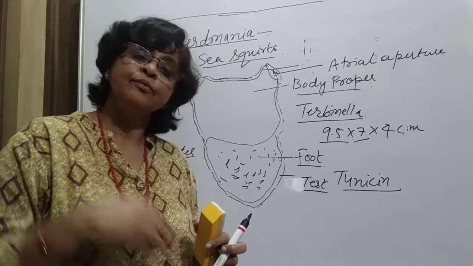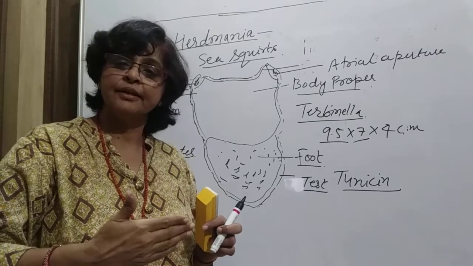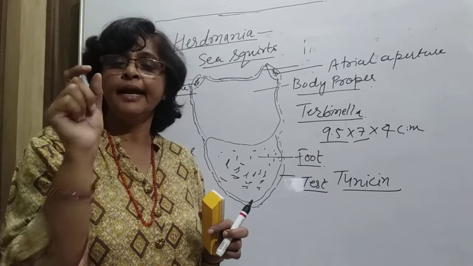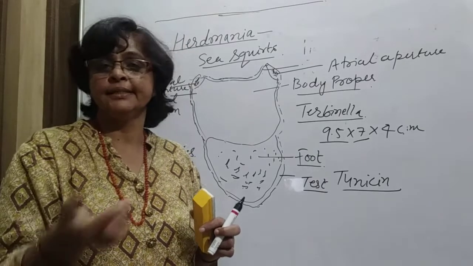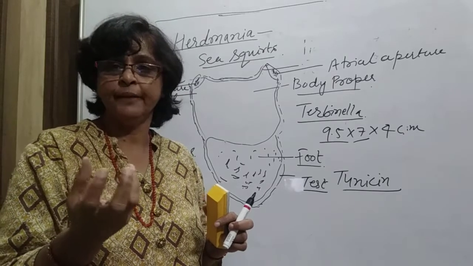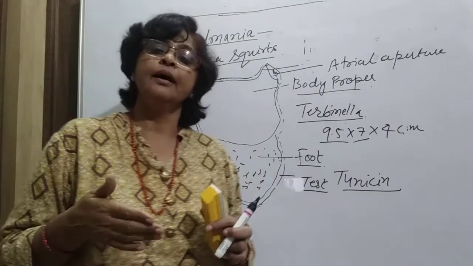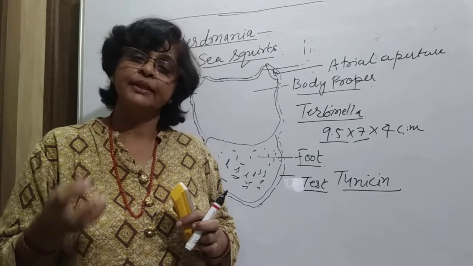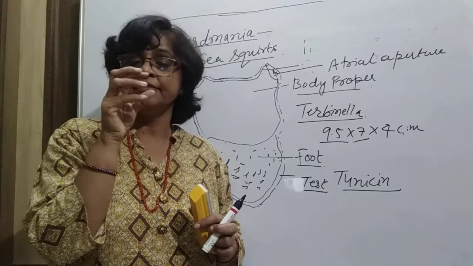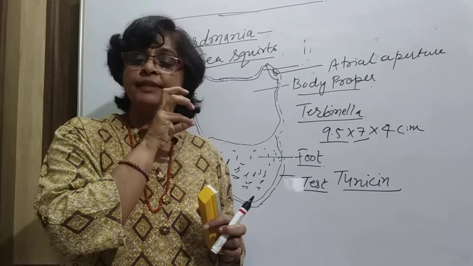Now let us see, if we cut a vertical section of this leathery layer, what we will see. I have just explained the vascular ampullae. In the test there are a number of blood vessels, vascular vessels, which end in the ampullar structures on the surface of the test.